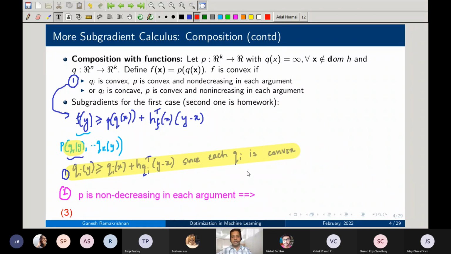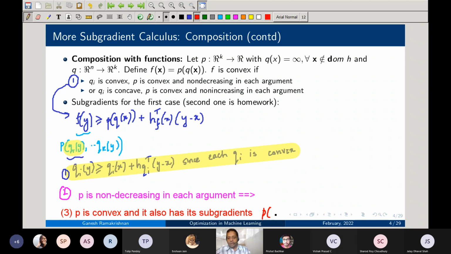P is convex and it also has its subgradients. So based on this, let me write down the expression.